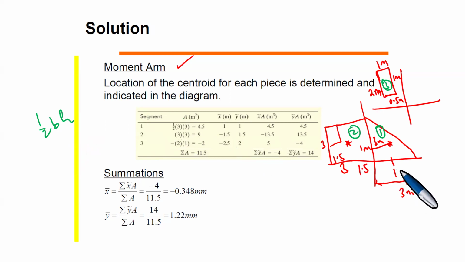The base of this triangle is exactly 3 meters, and the height is 3 meters. So it's half base by height, 3 by 3, so 3 by 3 is 9, divided by 2 is 4.5.